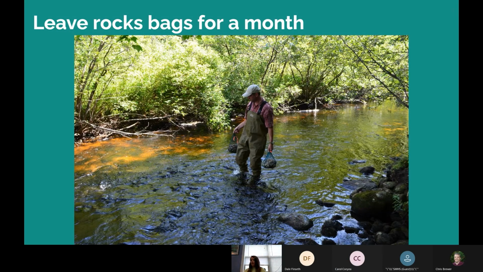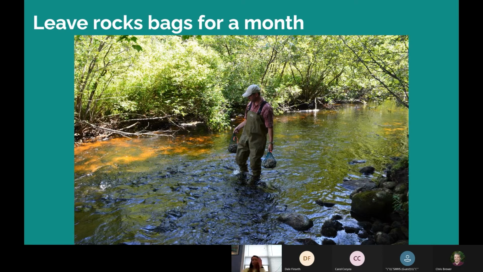So one way that we can collect them is by leaving rock bags in the stream. We're just laying a trap of, this is your preferred habitat, and they'll gather in that space. You can remove the bag and then rinse all the rocks off, and look at the bugs that have gathered in there over a period of time.